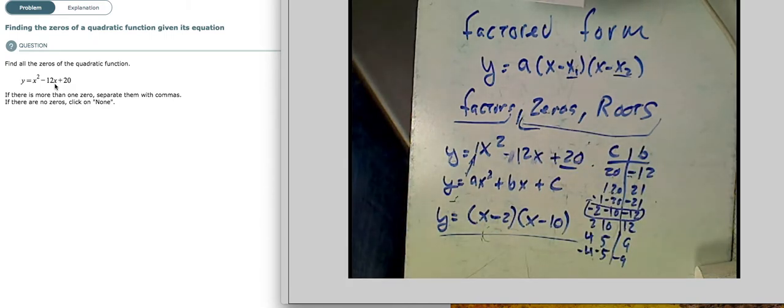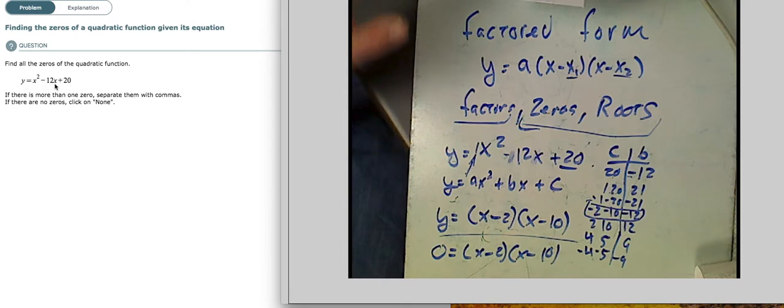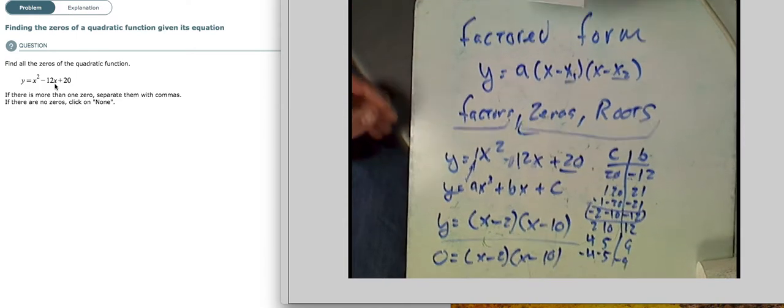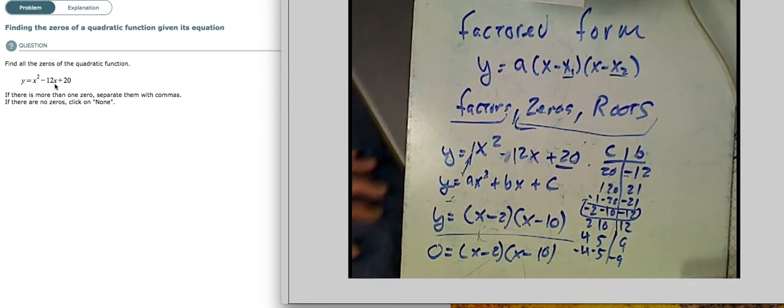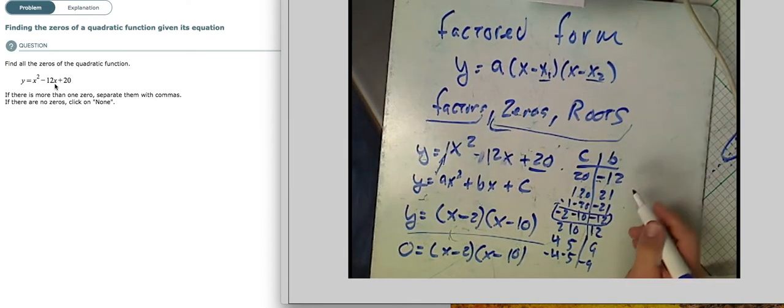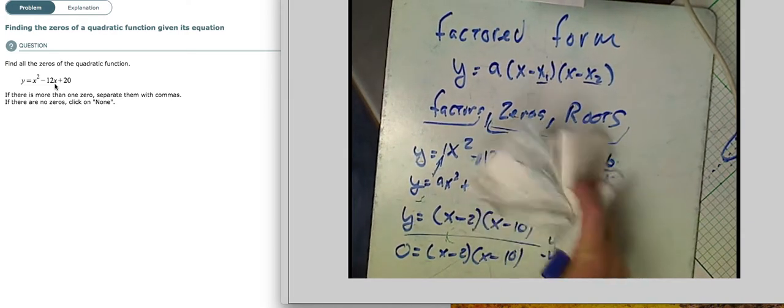Now I need to find what the zeros or the roots are. Well, the zeros or the roots are what's going to make y equal 0. And we know from the zero product property that if this piece equals 0, then this whole thing will equal 0. And if we want to find what's going to make this piece equal 0, then all we have to do is set it equal to 0 and solve.